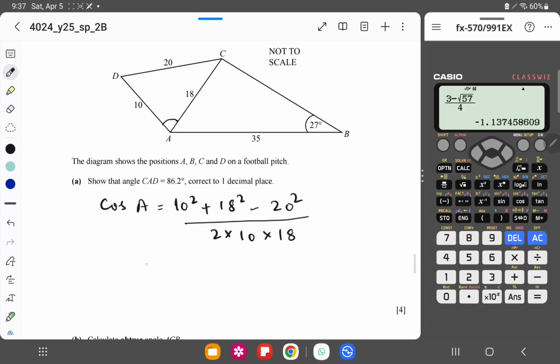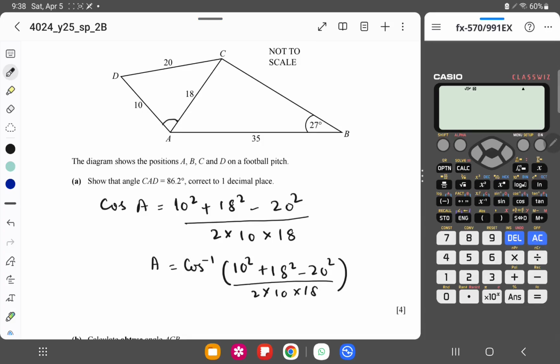So A is equal to cos inverse of 10 squared plus 18 squared minus 20 squared upon 2 times 10 times 18. Because it is 4 marks we have to do more steps. First find out 10 squared plus 18 squared minus 20 squared. How much is it? Find out.